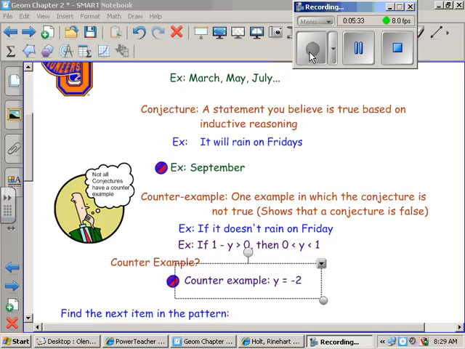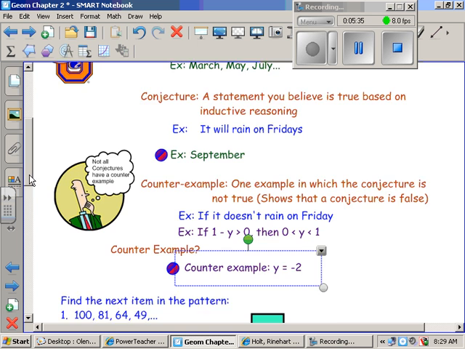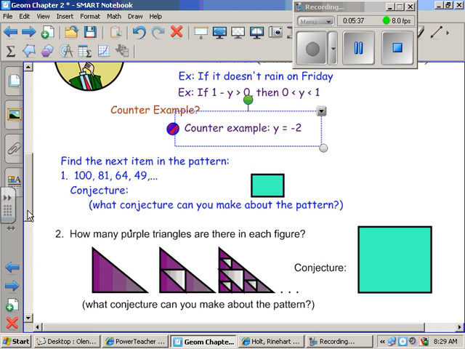And a conjecture, again, is your guess about what's coming next. The hard part is you have that feeling like you know what it is, but you have to be able to put that conjecture into words. That's the part we're really going to hit hard in this section.